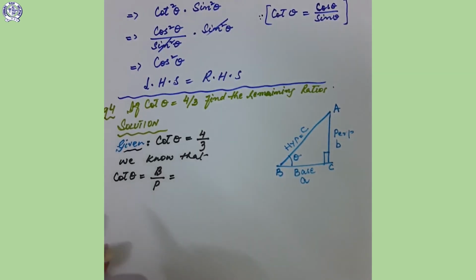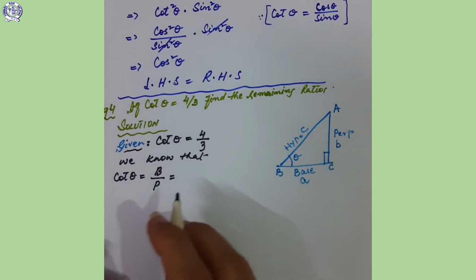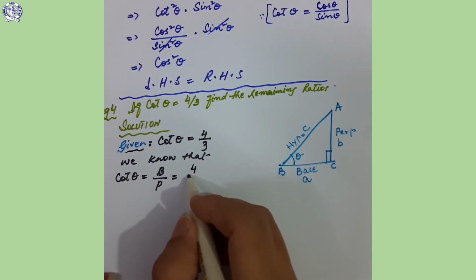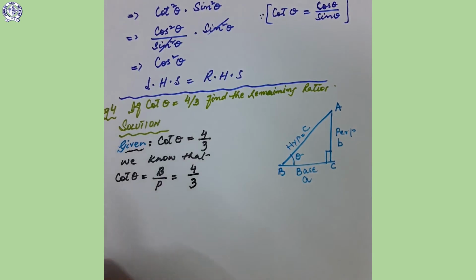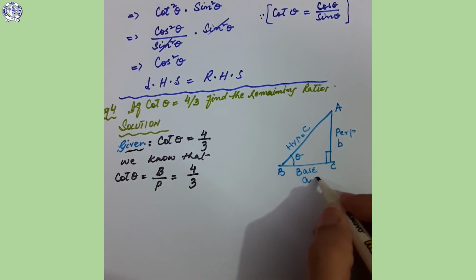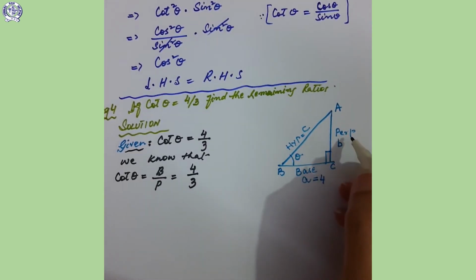Now according to this, cot is base upon perpendicular, 4 upon 3. So base is 4, it means A is 4, and perpendicular is 3, it means B is 3.